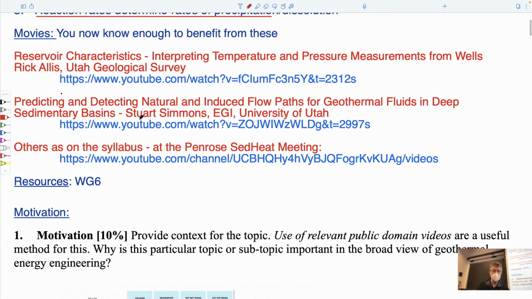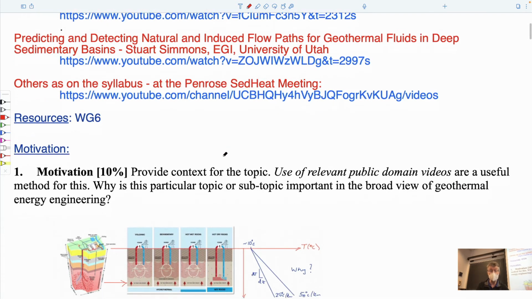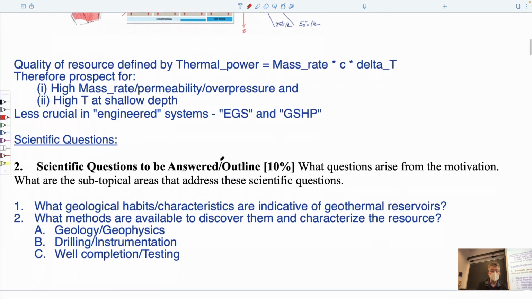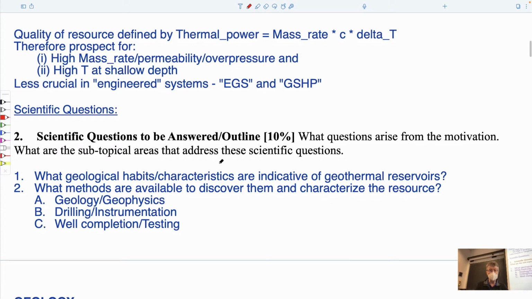Stuart Simmons's discussion here is kind of an adjunct to that. What we'll move on to in part 7 is to reiterate our need for this relationship, where power is the product of the mass flow rate, the specific heat of the fluid going through it in terms of sensible heat, and the temperature drop we get from recovering fluids and discharging them at a lower temperature.